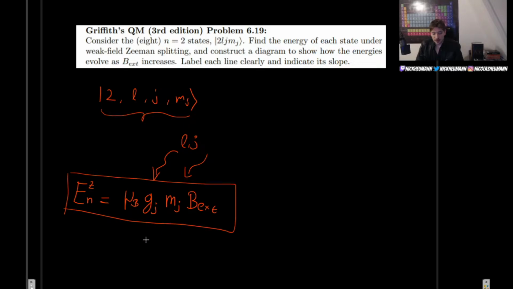Now, the way to do that is to use addition of angular momentum, right? So we have L equals, well, it can be 0 and it can be 1, and S equals 1/2. This means that we will have values of J, which will be 1/2 and 3/2 in the different combinations. So using this, we find all of the 8 states.